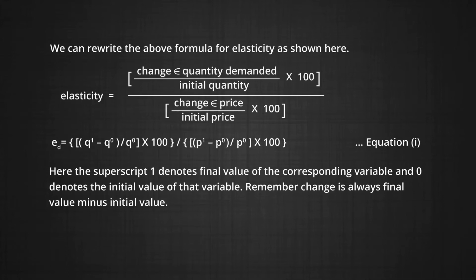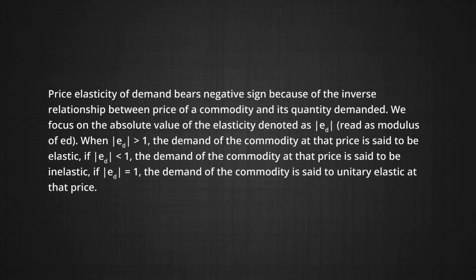Remember, change is always measured in terms of final value minus initial value. The price elasticity of demand bears a negative sign because of the inverse relationship between the price of the commodity and its quantity demanded. We often focus on the absolute value of elasticity, denoted by the modulus of E_D.